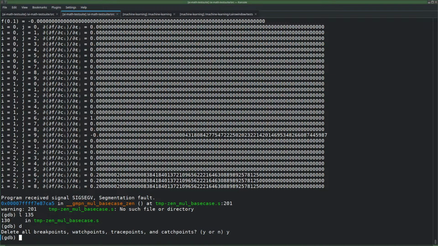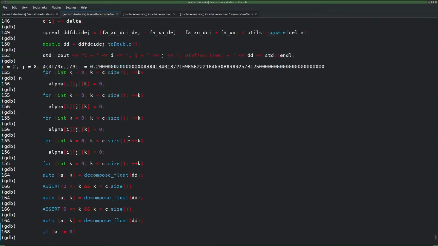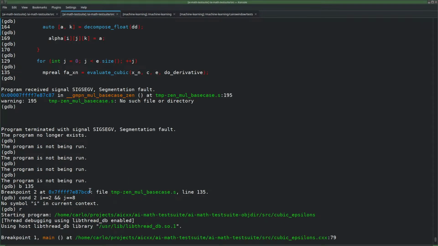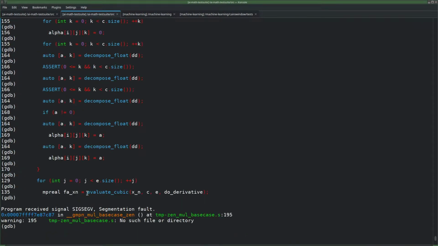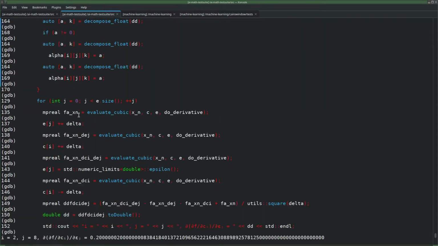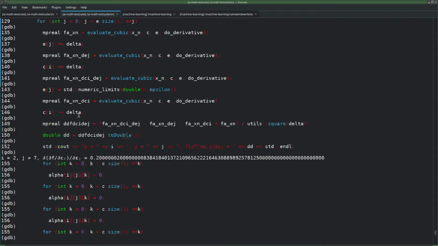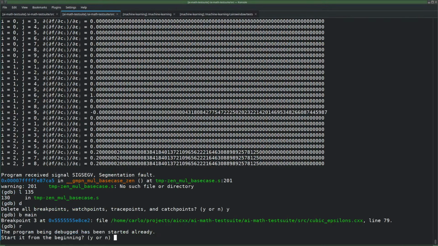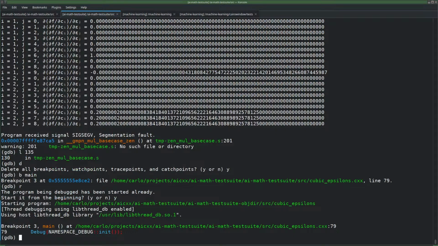Delete everything. Okay. I wanted to have a breakpoint in... where is my program here? 135 of main. I don't know. Let's break in main again. Damn it. Run. Yes. Break 135.